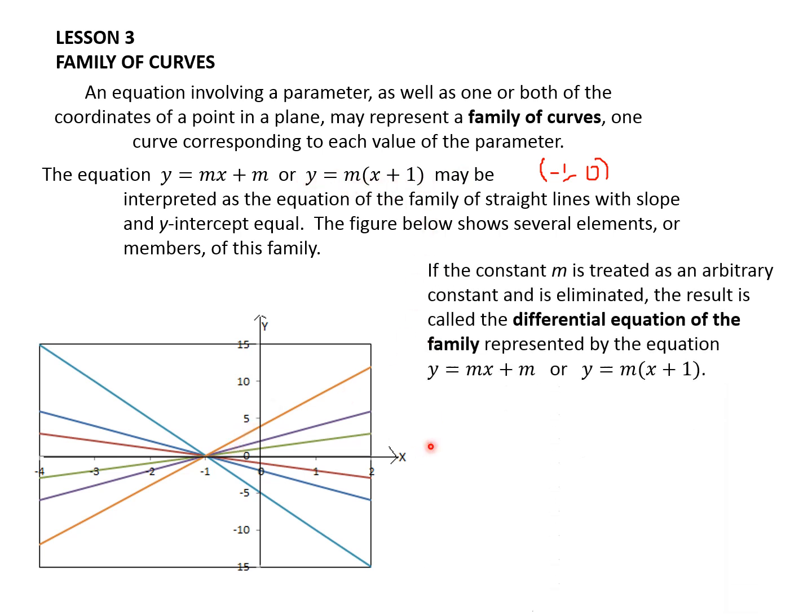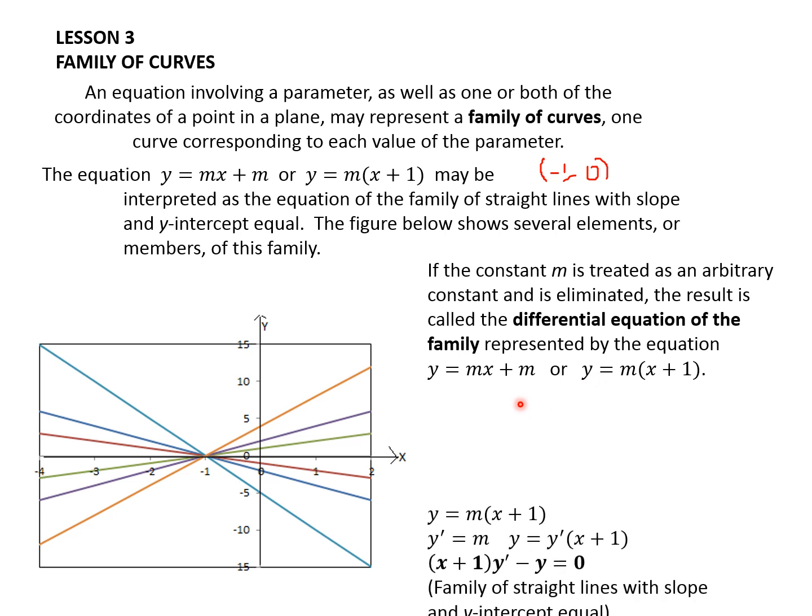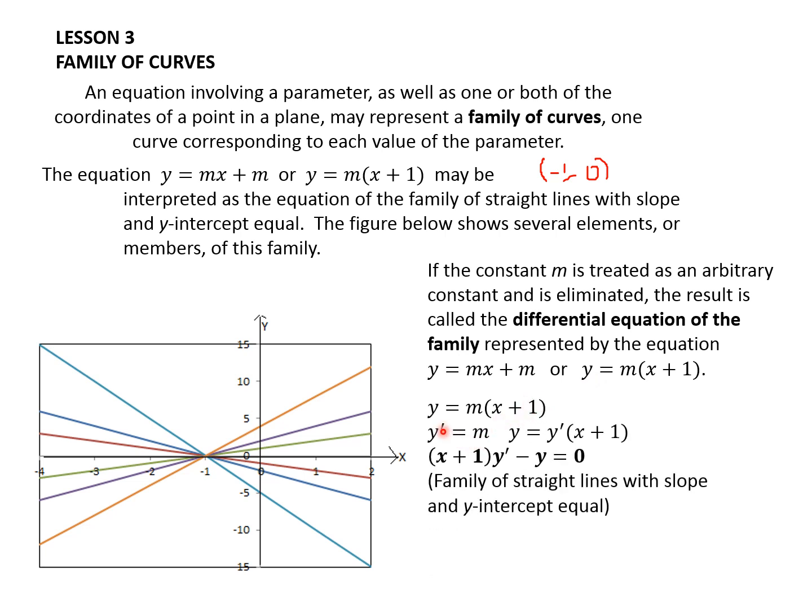If the constant m is treated as an arbitrary constant, then we will just have one arbitrary constant here, and we just have to differentiate once. So this is our equation, y is mx plus m. Differentiate once, y prime is m, and then plug that value in that equation.